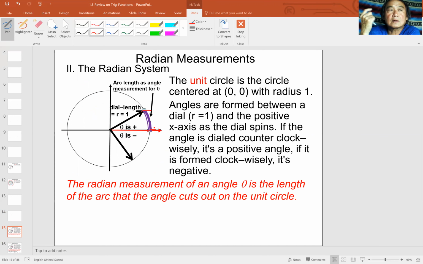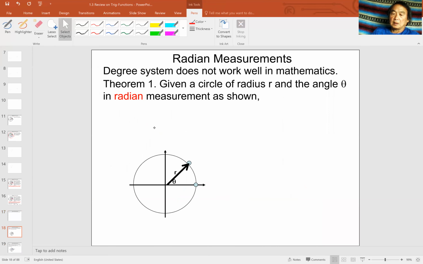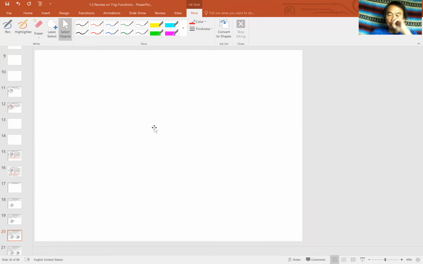Why is that useful? It's because a lot of formulas concerning circles and angles, like a slice of pizza pie, and the formulas to calculate arc length and areas, are much simpler in radian measurement. Here are the two formulas.